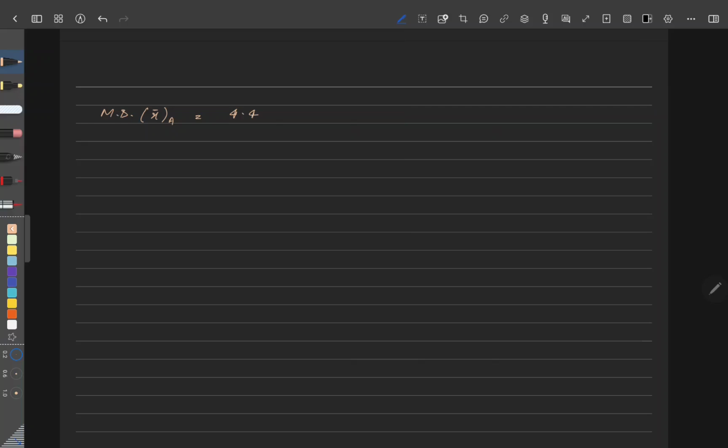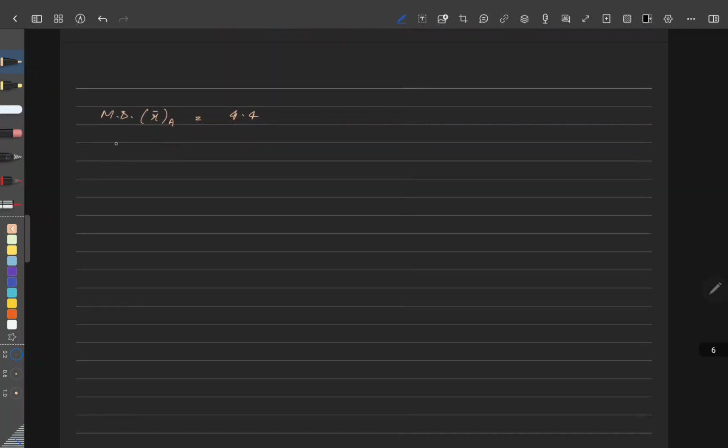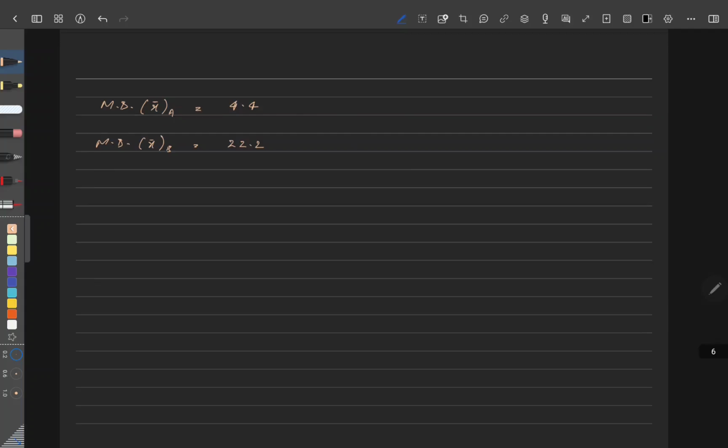So you can clearly see that the mean deviation for team B was 22.2. So MD of x bar of B was 22.2. You can clearly see that the mean deviation of team A is very much smaller than the mean deviation of team B.